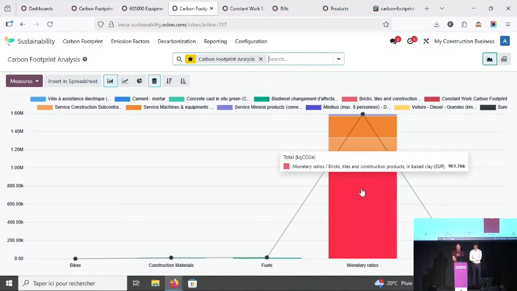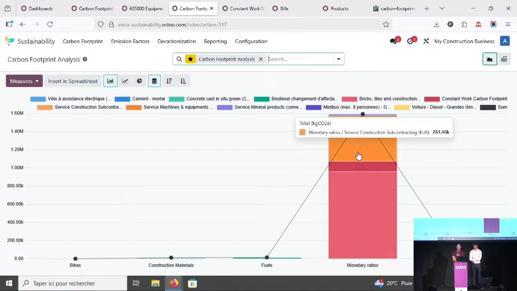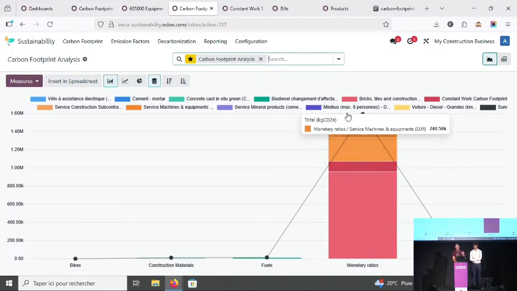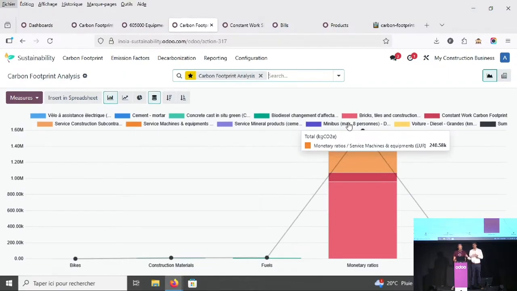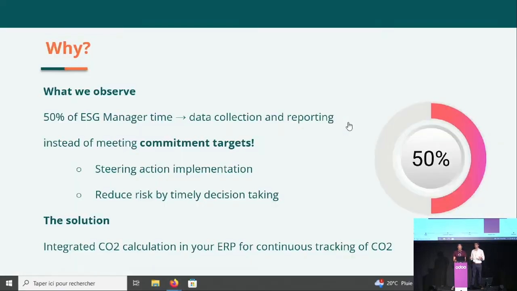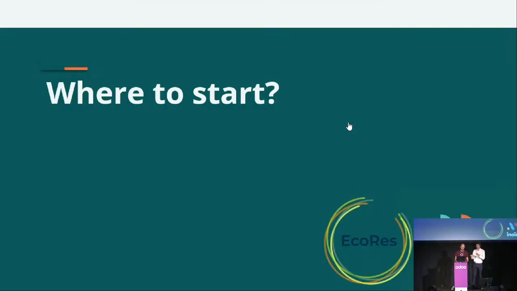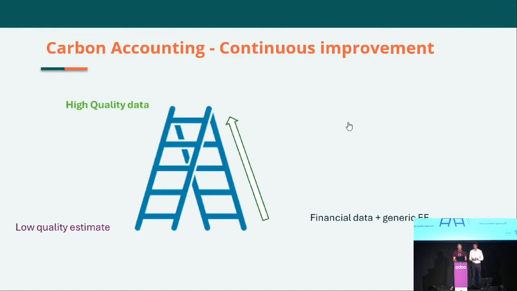Here are my materials, my subcontracting, my equipments, etc. So I can even drill down to have a detail. As we said, this is a start, so you can already see that the materials are the big topic, but it would be better to refine that a bit, so that we can have details on where to work.